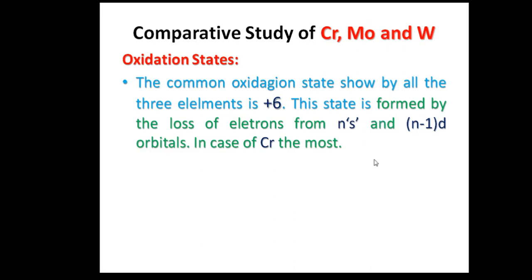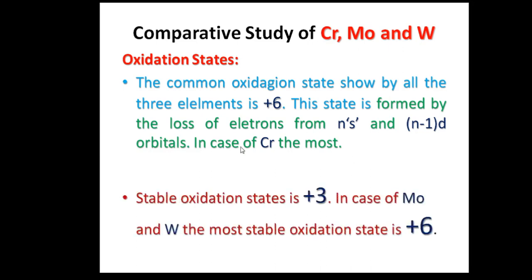In this case, the most stable oxidation state of chromium is +3. In the case of molybdenum and tungsten, the most stable oxidation state is +6, and that is due to the lower ionization potential of molybdenum and tungsten.